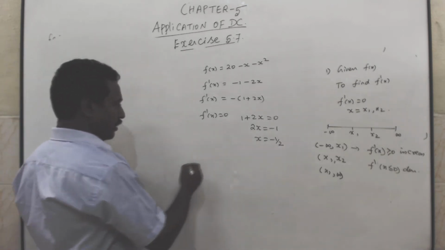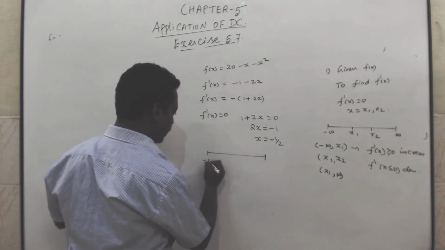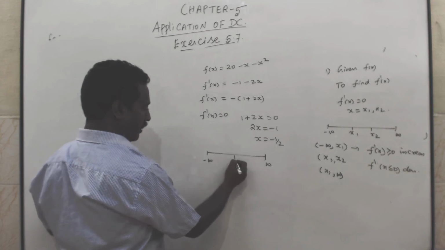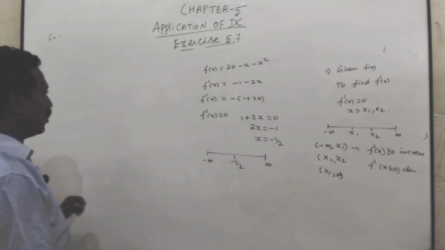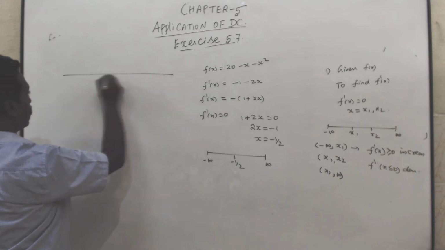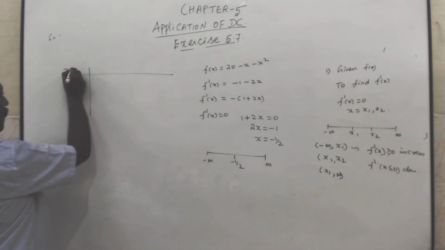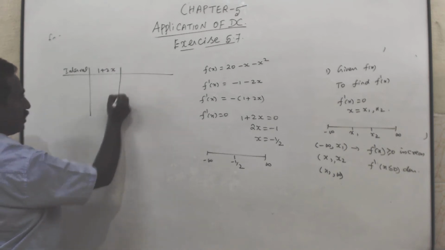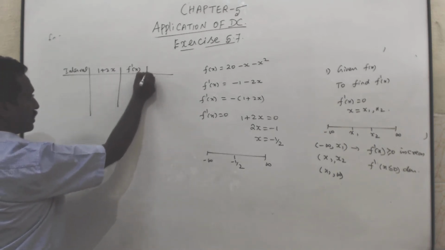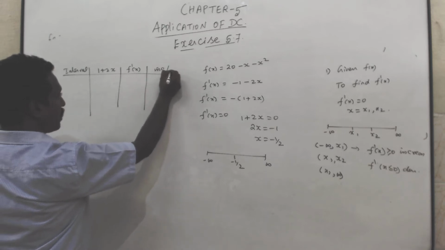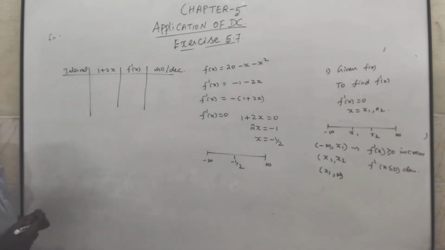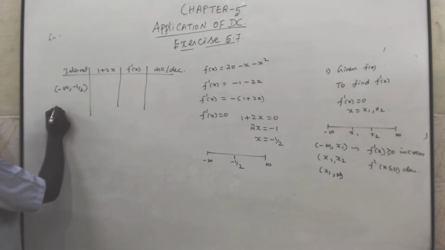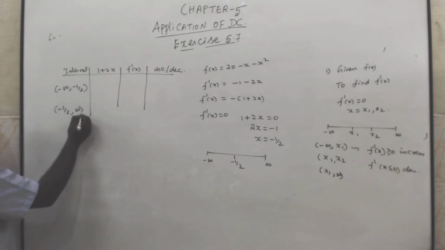Draw the number line, minus infinity comma plus infinity. Plot the point on the number line, minus 1 by 2. Now prepare one table: interval, 1 plus 2x, then f dash of x, increase or decrease. The first interval is minus infinity comma minus half, and the second is minus half comma infinity.